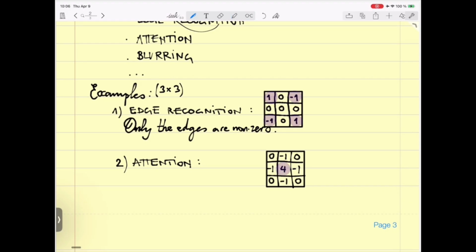Okay, so here the middle is highlighted.